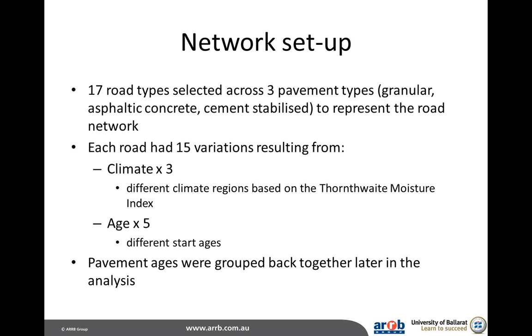These pavement ages were grouped back together later in the analysis, so we never actually saw the different ages in the results. But the overall aim was to develop a marginal cost for a road that would apply to the road regardless of the age. Remember, we're trying to represent the entire network.